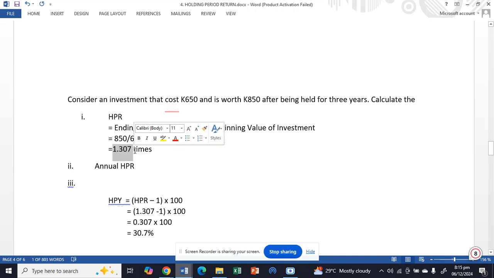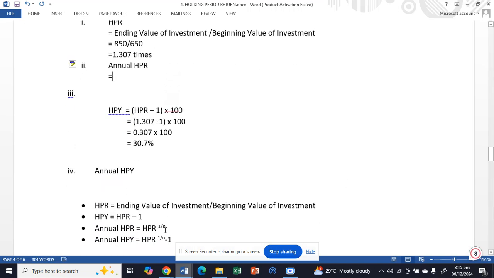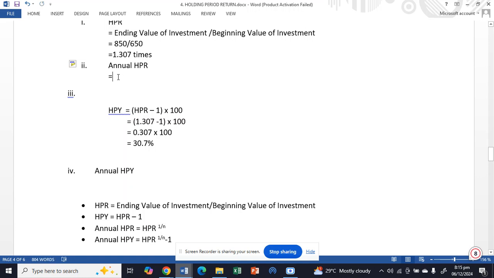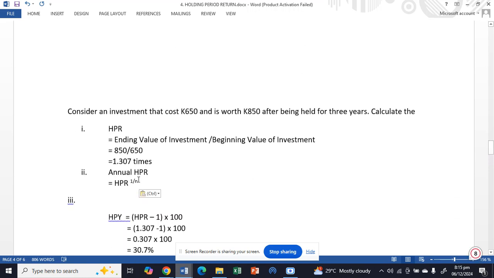Okay. Now I want to see on a yearly basis how much this investment has been growing. So let's start with the annual HPR. This is the formula: our HPR, holding period return, to the power 1 over n, where n represents the number of years.